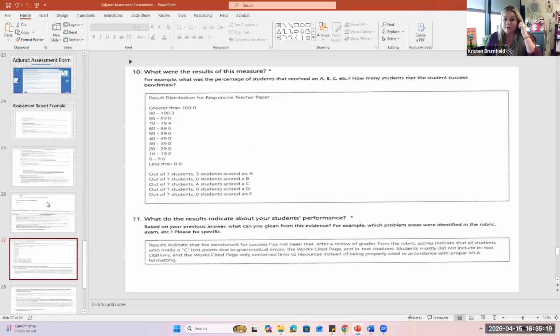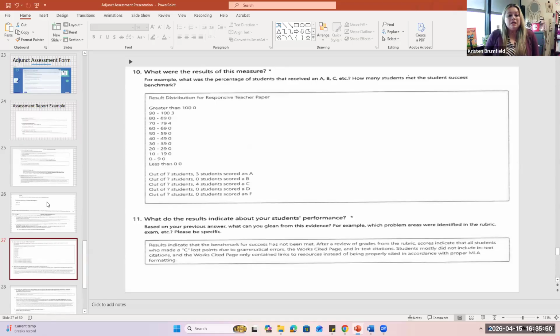And then at the bottom, I just typed out of 7 students, 3 scored an A. Out of 7 students, 0 scored a B, so on and so forth. So Blackboard will really give you your data as long as you've put everything in Blackboard as far as the grades, of course, and you go into the results distribution. It already gives you a very good breakdown. And of course, if you were to use a rubric, you can get some information from that in Blackboard as well.